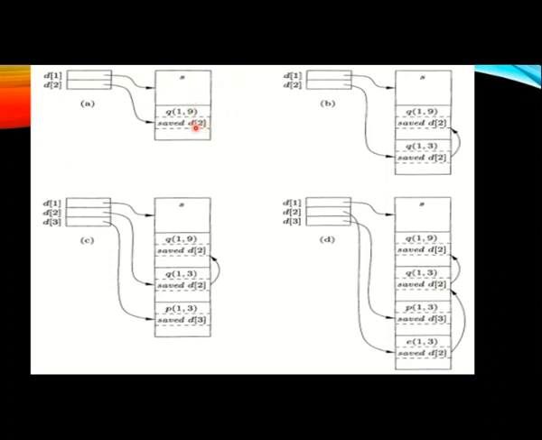Here the quicksort function is nested inside the sorting function. That's why the sorting function's depth is 1 and the quicksort function's depth is 2. So D of 2 stores the information available in the quicksort function, and D of 1 stores the access link information available in the sorting function. After that, when we call Q of 1 comma 3 for sorting, it is stored in D of 2, depth 2.